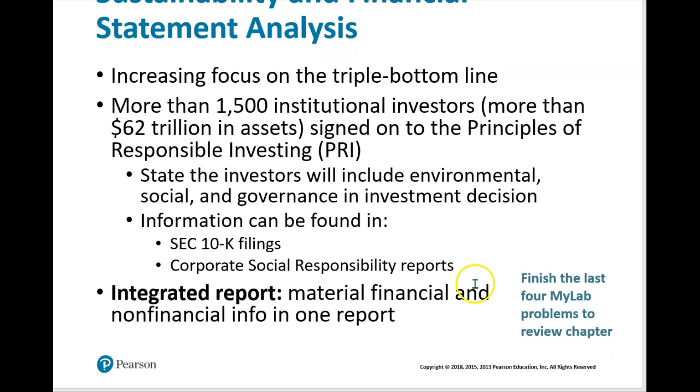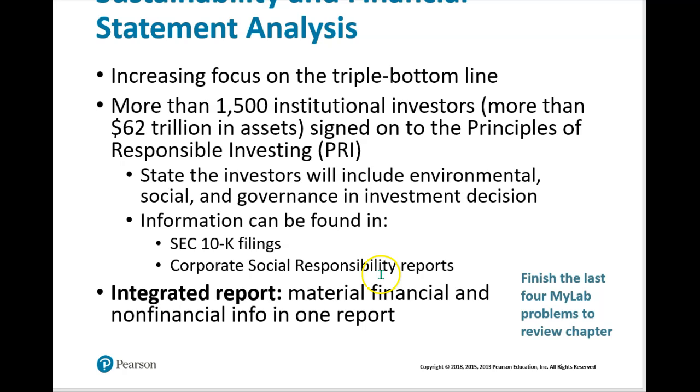You can find some information in the 10K, but really not much. You've got to go to the Corporate Social Responsibility Report, which is not audited. They're kind of glitzy reports where people brag a little bit about what they've been doing, but at least this information is out there.